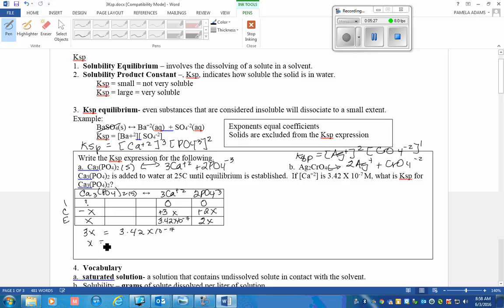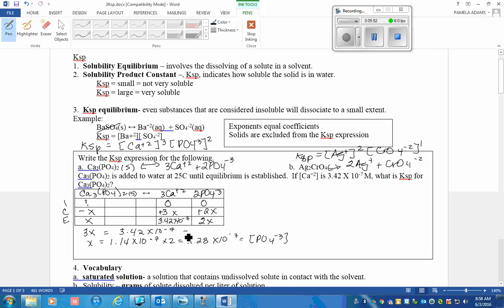So X is equal to 1.14 times 10 to the negative 7. If I multiply X by 2, that will give me 2.28 times 10 to the negative 7, and that will be equal to my phosphate ion concentration.